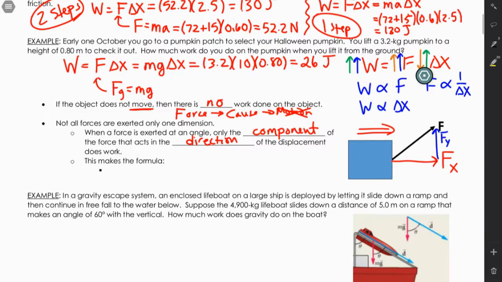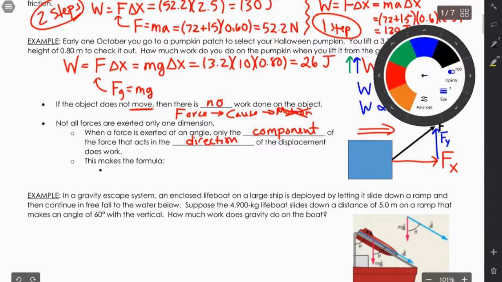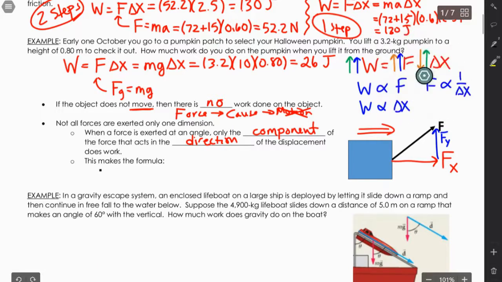So we can change up the formula a little bit by adding in this angle aspect. So it'll be work equals F delta X. Now, typically, how do we add in an angle? We're going to do a trig function, right? So it's going to be F delta X cosine theta. And so the way to think about this, if the force is parallel, well, it's 0 degrees, and the cosine of 0 is equal to 1.